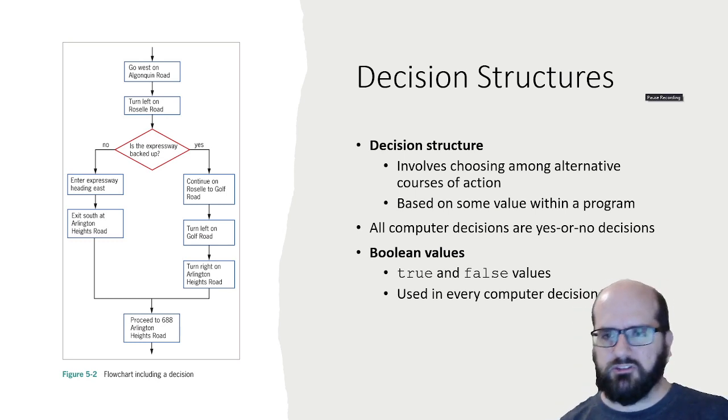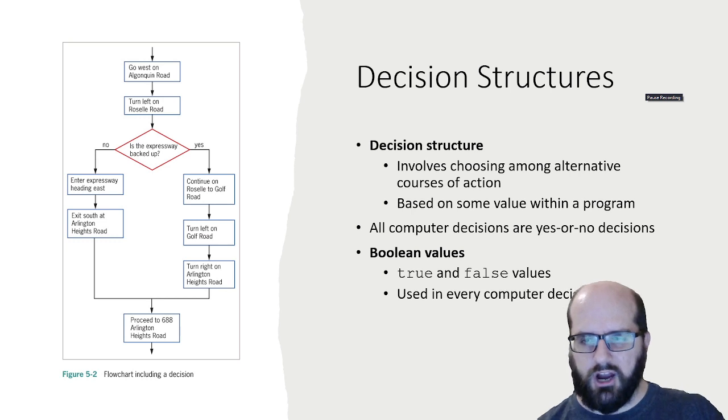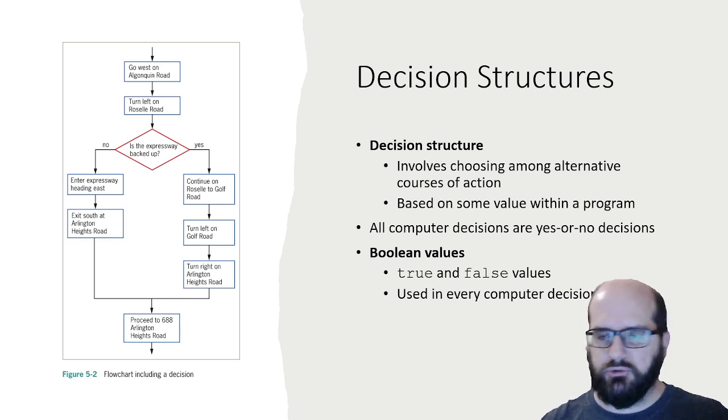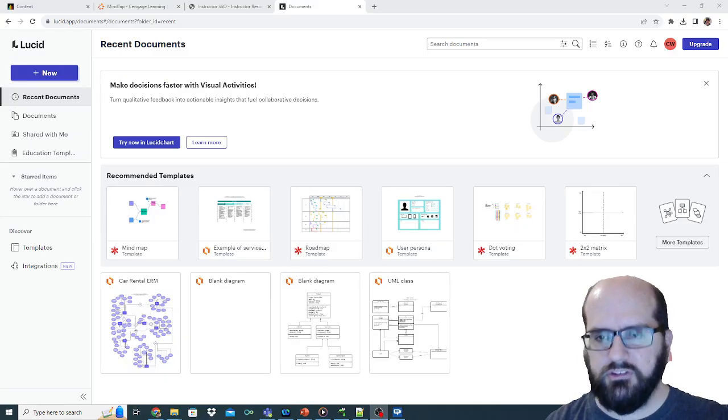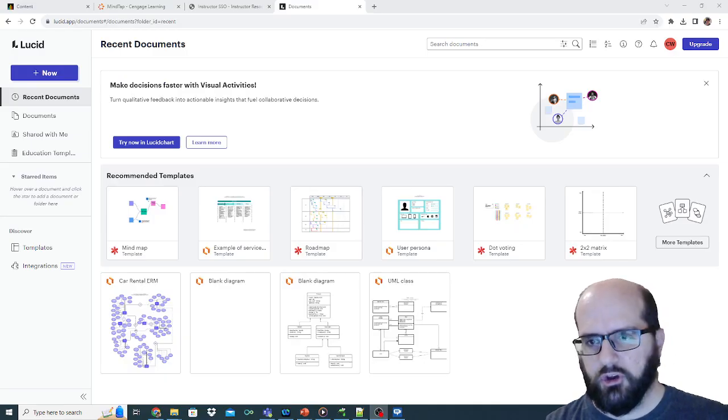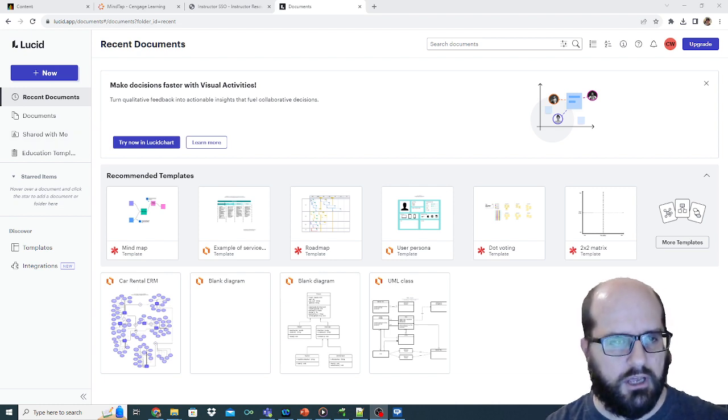Now, allow me to spend a few minutes, since we're talking about control of flow, showing you a programming concept that I use to show algorithms, and particularly flow control algorithms. This is a site called Lucidchart. You're able to log in with your regular Google account if you have one, and I can come here and build a quick flowchart.